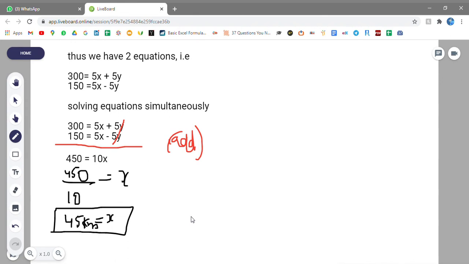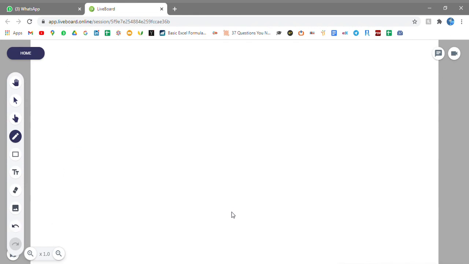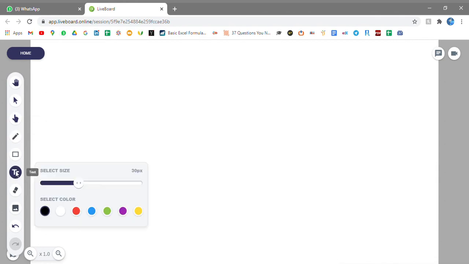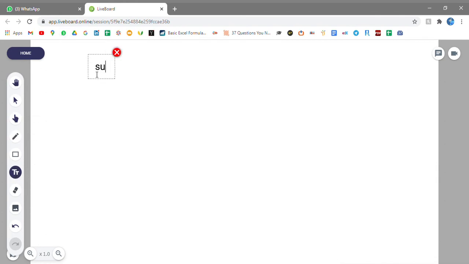Now let us solve the second part, that is by substituting the x value in equation 1. Substituting x is equal to 45 in equation 1.